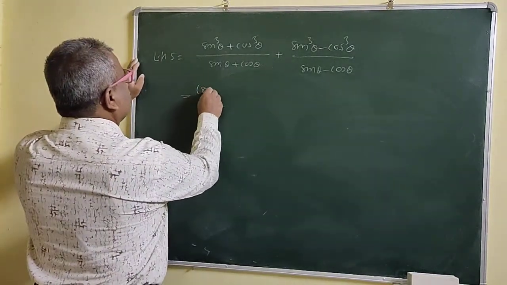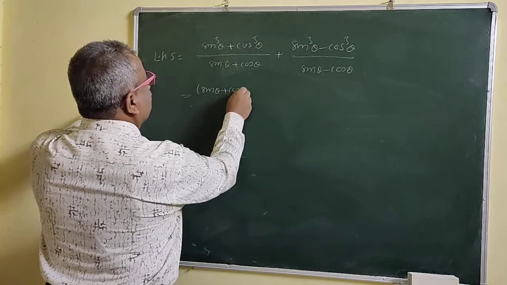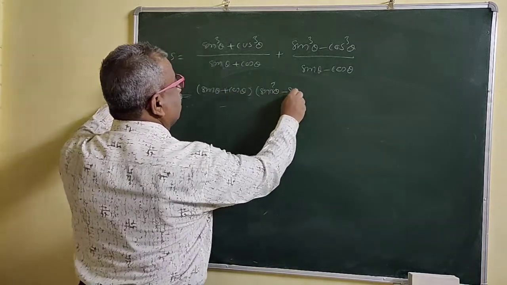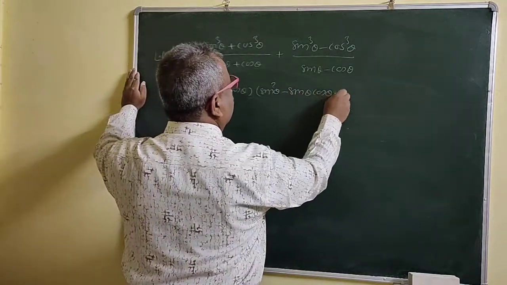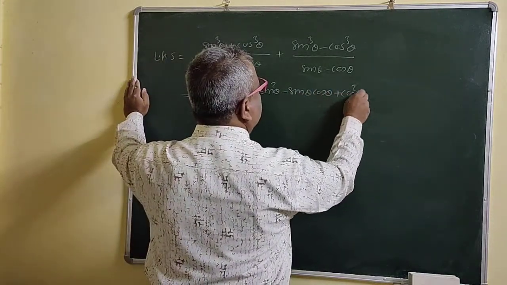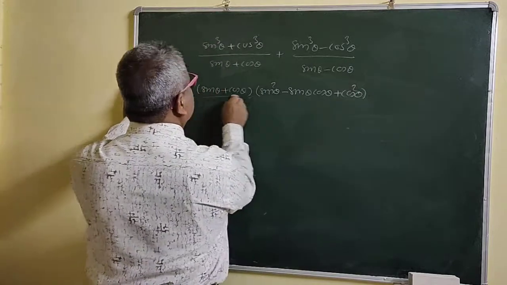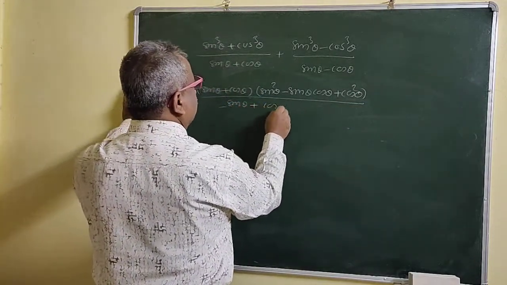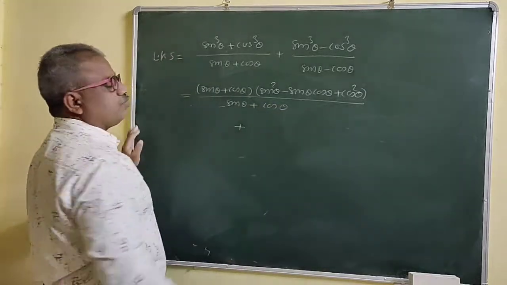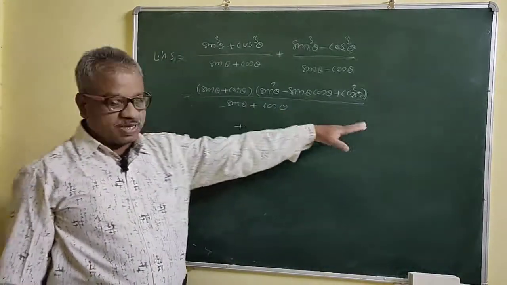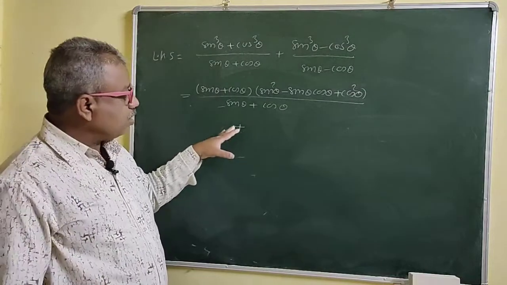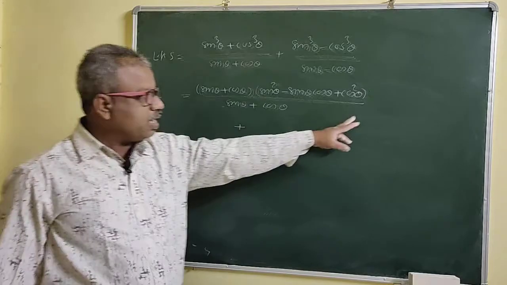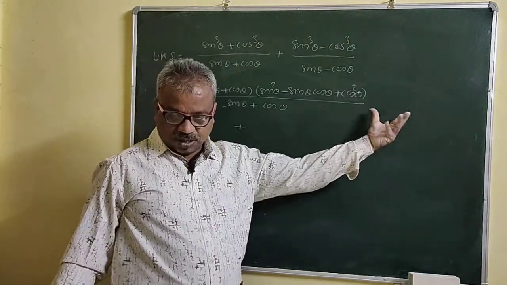So this is sin theta plus cos theta, so sin square theta minus sin theta cos theta plus cos square theta upon sin theta plus cos theta plus, if you don't have enough space, then if you have to take the term in the next line, take the plus sign here. Don't write plus or half term here.